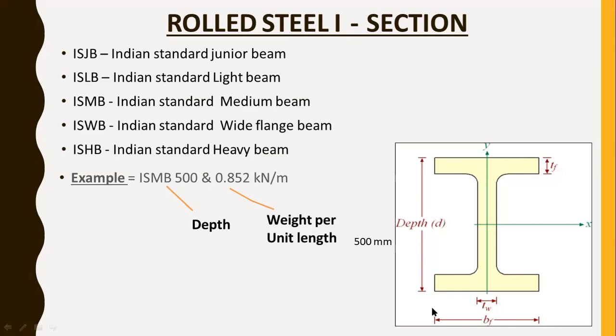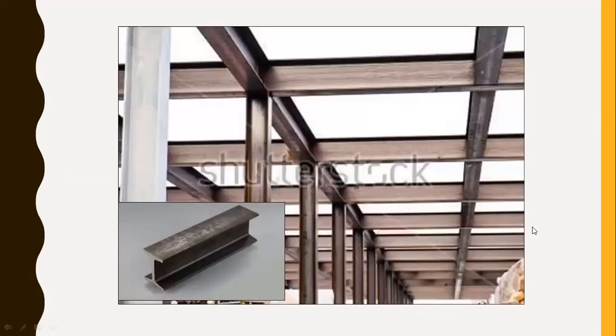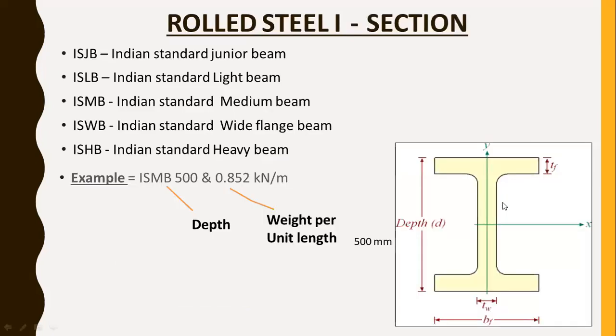So here in the figure, this top and bottom portion is known as the flange, and the central vertical portion is known as the web, right? This tf is the thickness of the flange, and tw is the thickness of the web. The total from the top portion to the bottom portion is the depth, which is denoted by a small d, right?